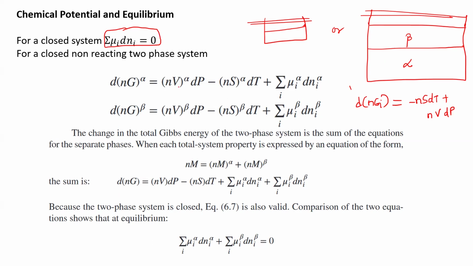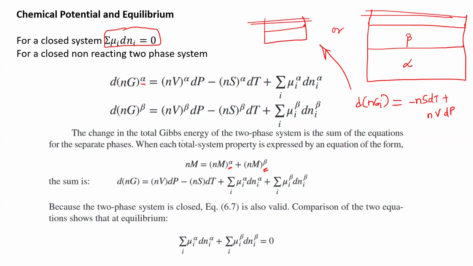When we come to individual phases, the same relation can be expressed as dnG for alpha phase and also for beta phase. For the whole system, it can be expressed as the summation of these, because these are extensive properties which are based on the mass of the system, so summation is understandable.